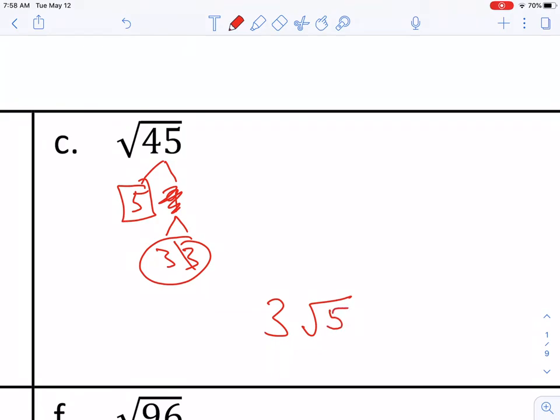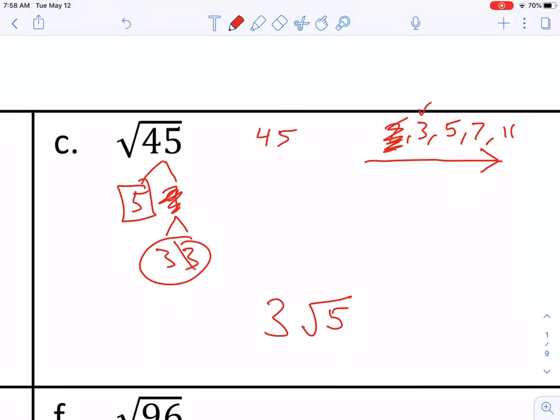So it's very possible if you're good with your math facts and you see those things. If you like a good systematic way of doing things, you can always use 2, 3, 5, 7, 11, and just work your way from left to right. Would 2 go into 45? No. Will 3 go into 45?